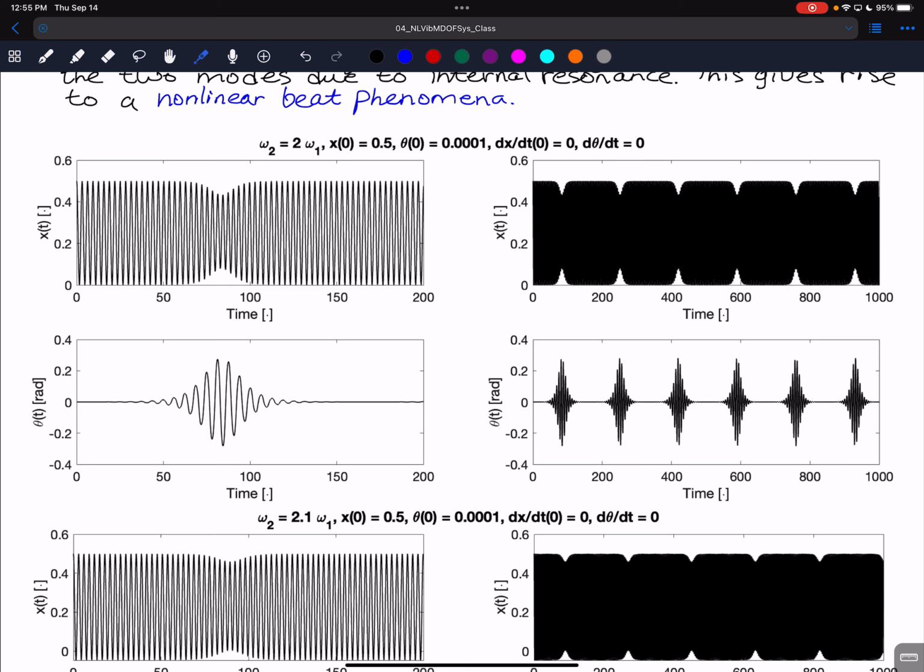And then beating phenomena is simply just the appearance of beats. That's what this is called, because it sounds like boof, boof, boof, boof, right? And to the question that you asked me, yeah.